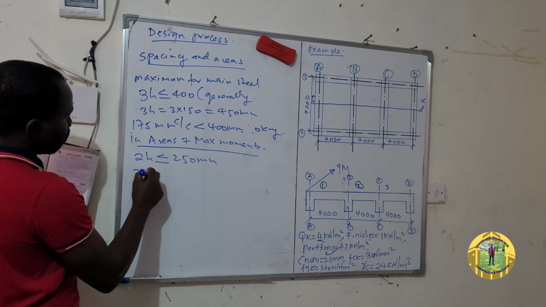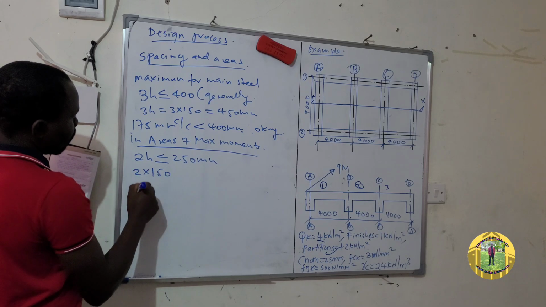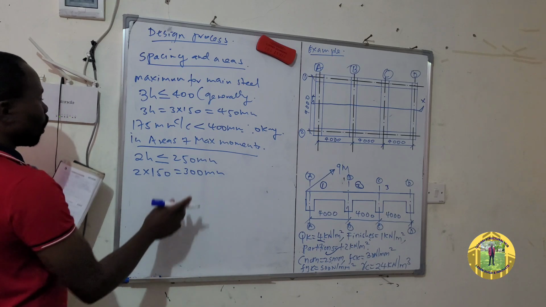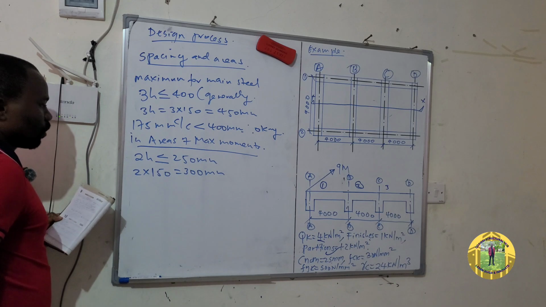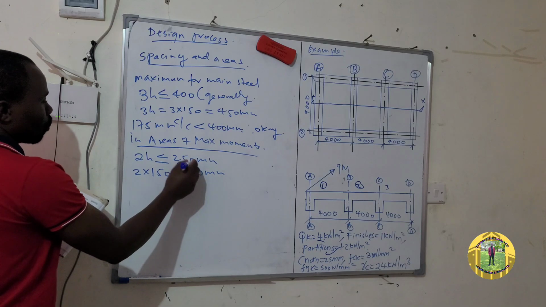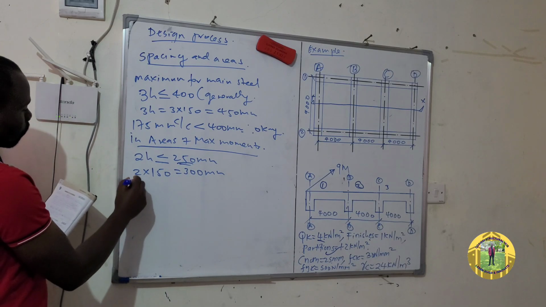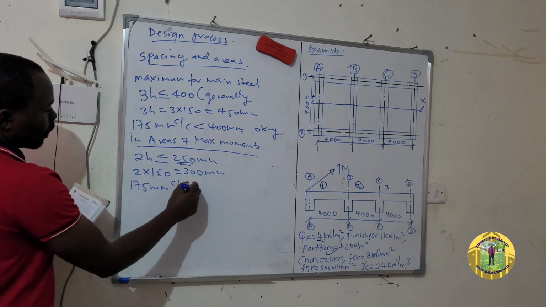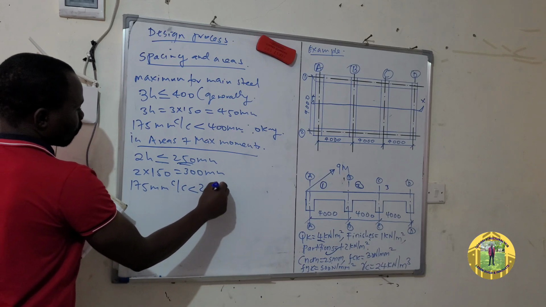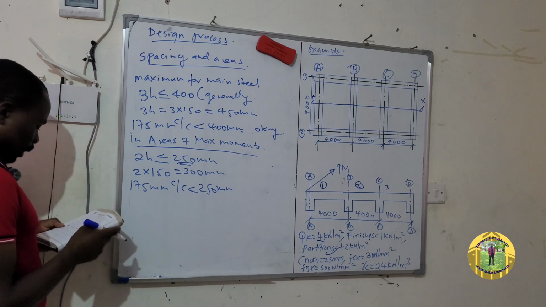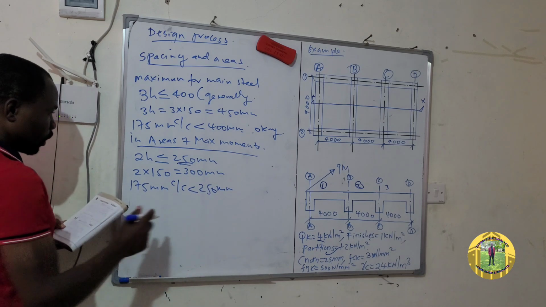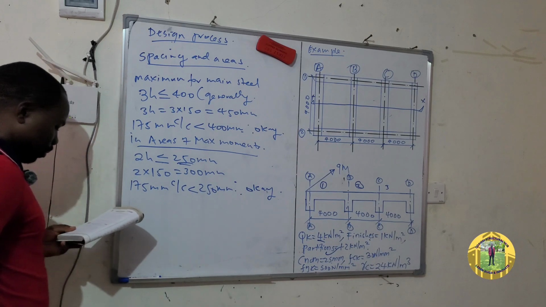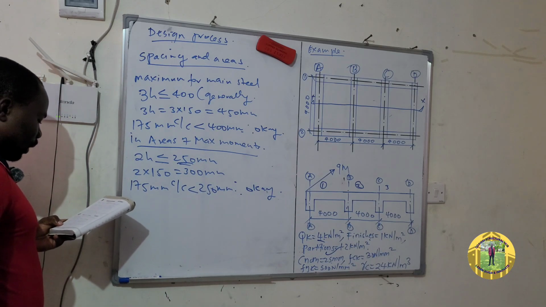So 2H is 2 times 150, which is 300 millimeters. So 300 is greater than 250. Therefore, our maximum will be 250. And therefore, 175 millimeters center to center is less than 250 millimeters, and therefore, okay. We proceed to areas.